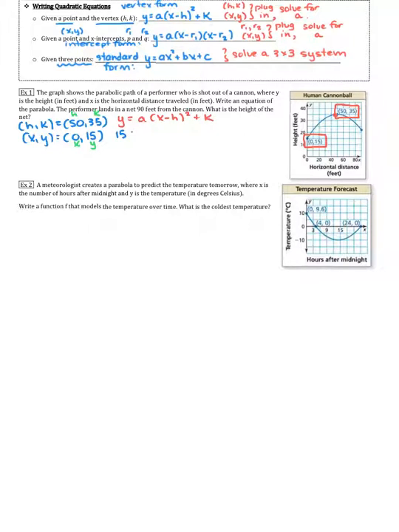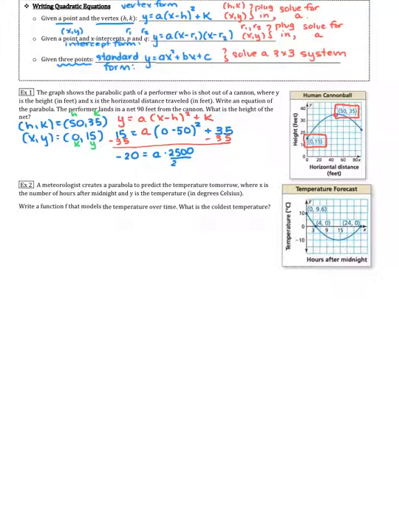So we know that 15 equals, we're trying to solve for a, the x coordinate is going to be 0 minus the h, which is 50, squared, plus the k value, 35. So the first thing we have to do in solving this is subtract 35 from both sides, and that gives us negative 20 equals a times negative 50 squared, which is going to come out positive, 2,500.